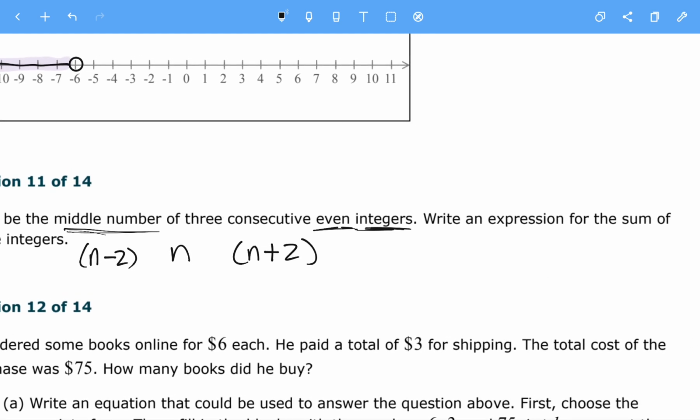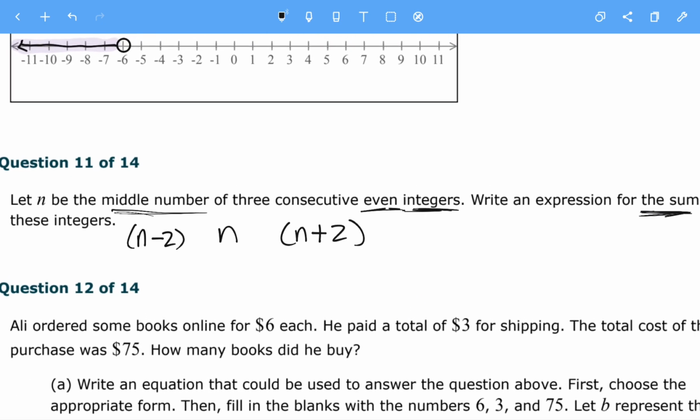We want to write an expression for the sum of these integers. So we're going to add all of these. So this is kind of a rough expression. We want to combine like terms.